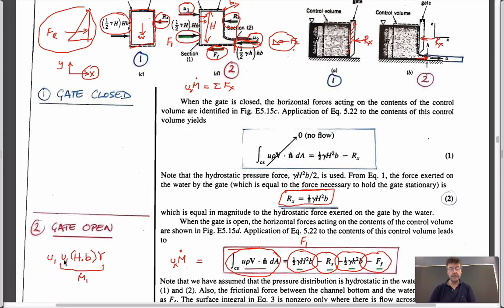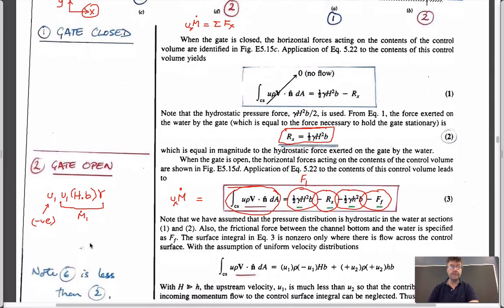So the velocity is positive. These all are positive. The flow is going into the control volume, and so this has to be, in my shorthand, negative. So this is going to have a minus sign attached to it.